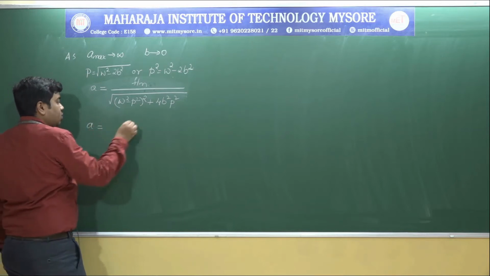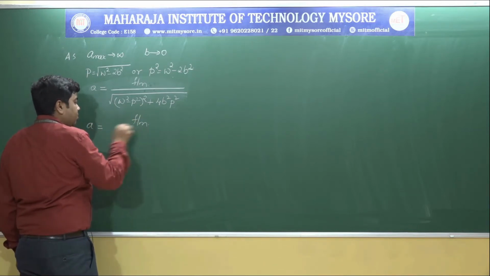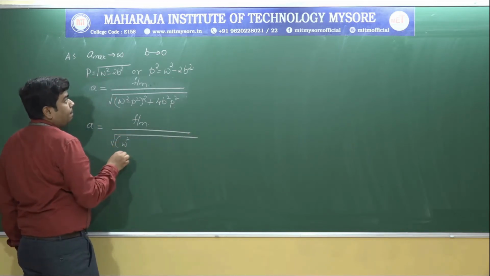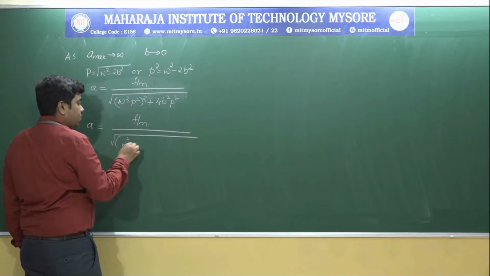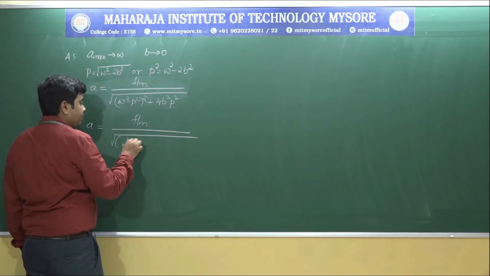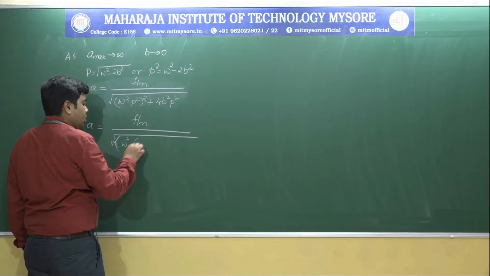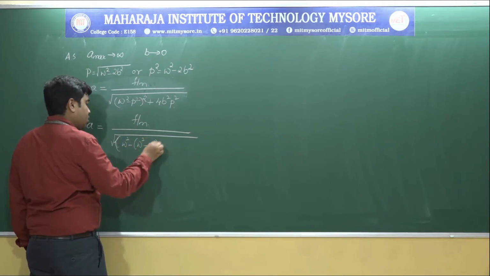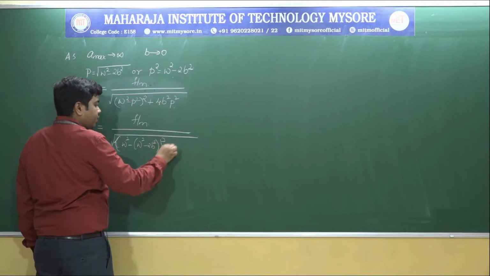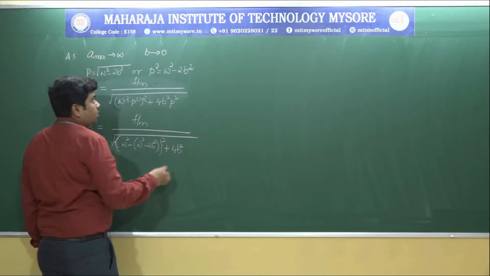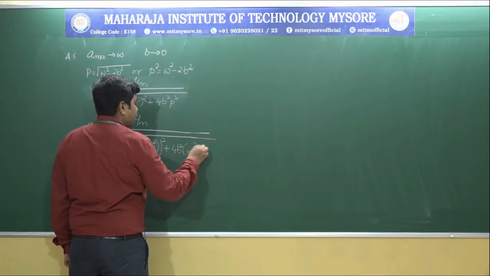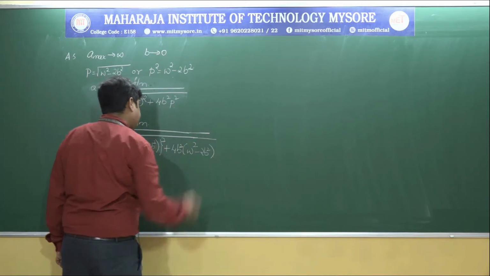So it becomes A is equal to F by m whole divided by square root of omega square minus, now this is P square, so minus of omega square minus 2b square, then this is whole square plus 4b square into omega square minus 2b square.